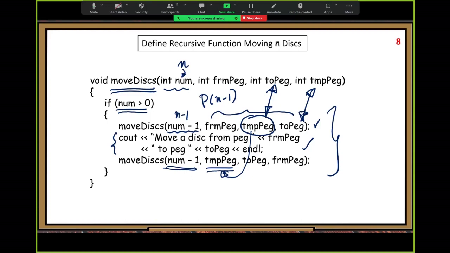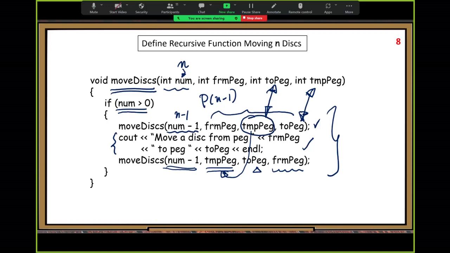All right. Then the 2 peg is still the destination, but this time the from peg is used as the temporary peg. So after this arrangement, we apply the n-1 solution another time, and based on the diagram in the previous slide, we know we would get a complete solution in this way.